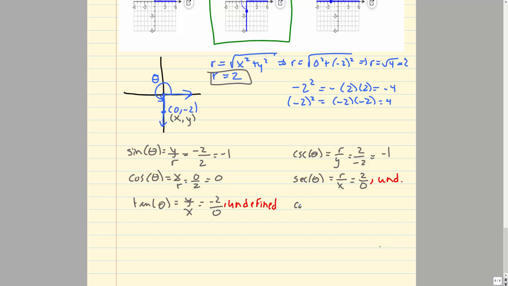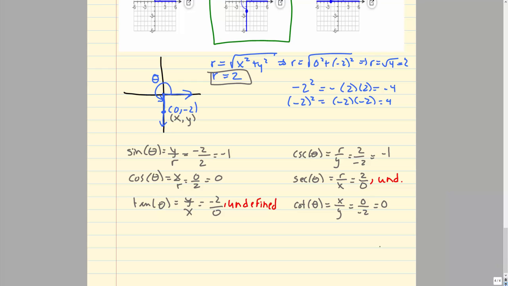Now our last one here is cotangent. So the cotangent of theta is x over y. So now we have 0 over -2, which is 0. So 2 of these in this particular case did turn out to be undefined, and you would expect to see that on any quadrantal angle. So for any quadrantal angle, some of your trig functions show up as undefined.